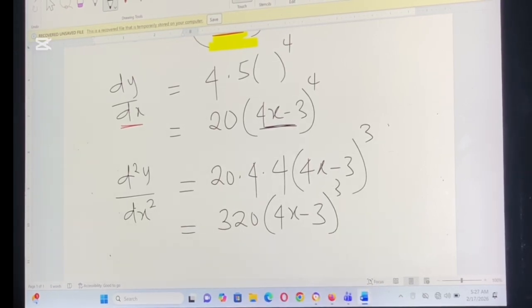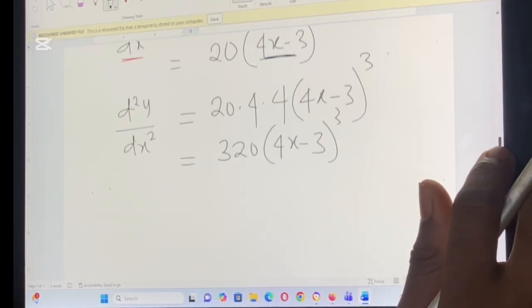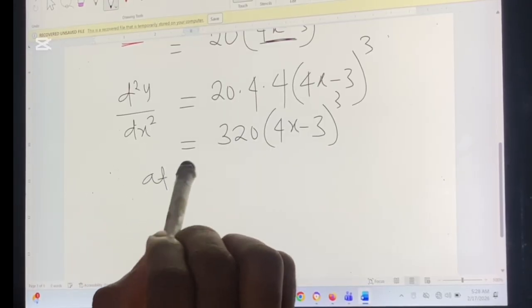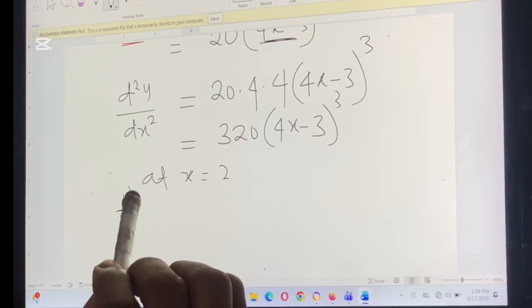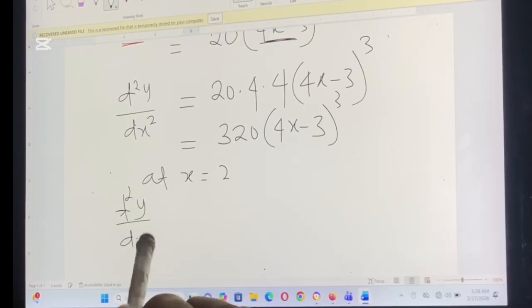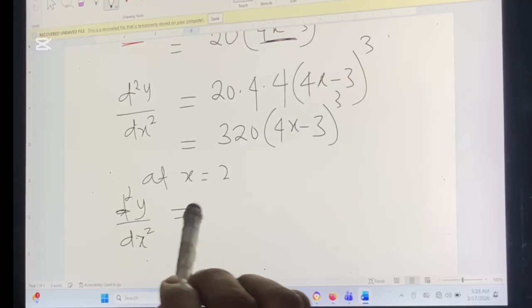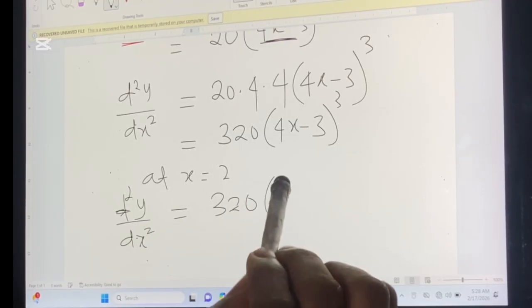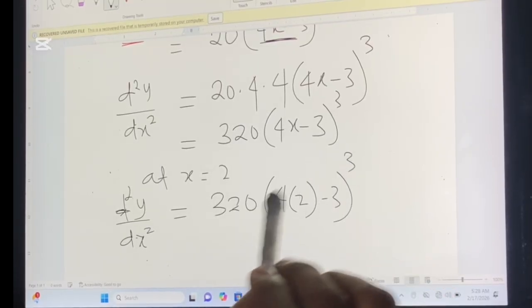We are not only asked to find d²y/ds². We are asked to find d²y/ds² at a particular point, that is at s equals 2. So that means d²y/ds² at s equals 2 is 320 times (4 times 2 minus 3) all raised to the power of 3.